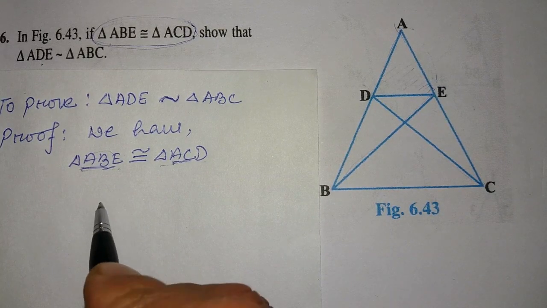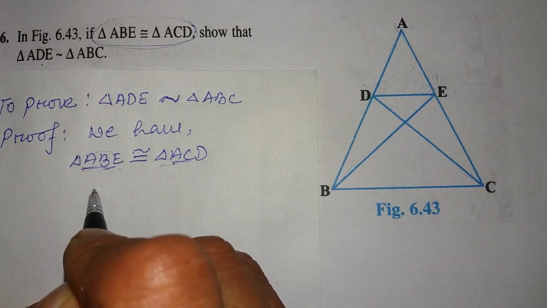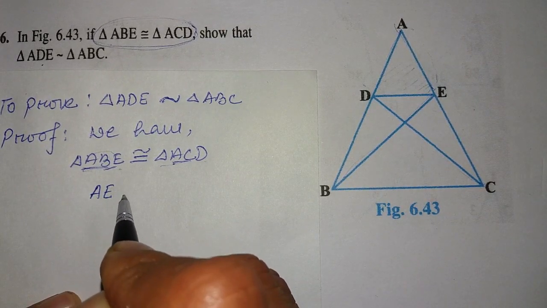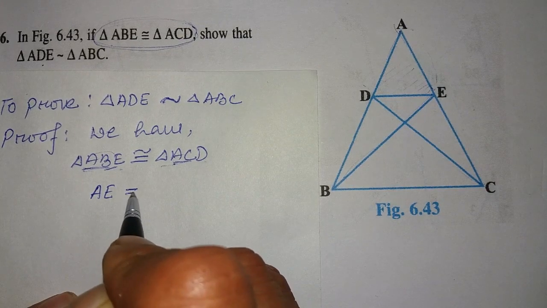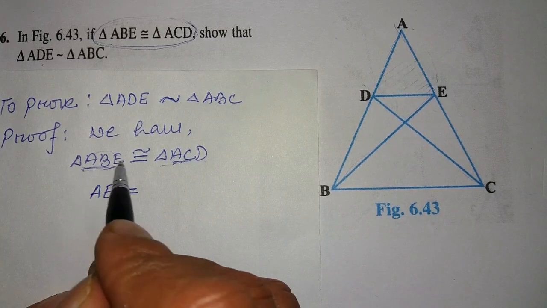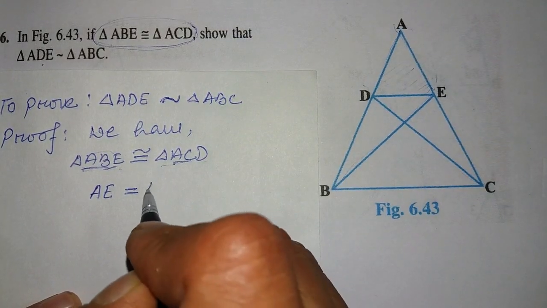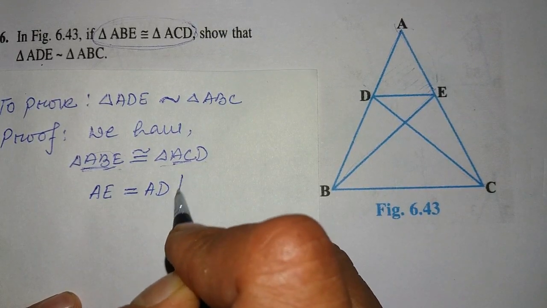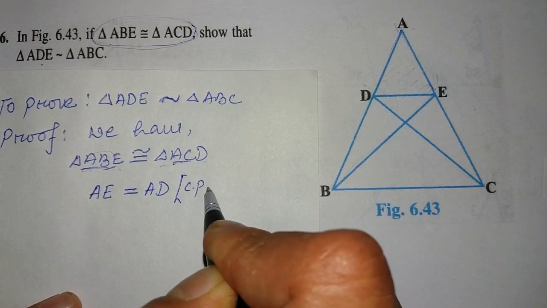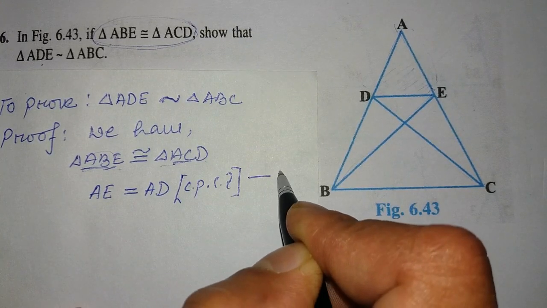So AE is equal to AD, because AD is the shortest side of the second triangle. These two are corresponding parts of congruent triangles. Let's say this is equation 1.